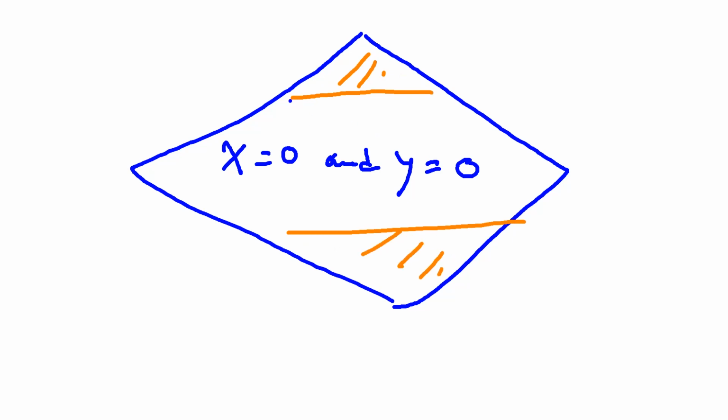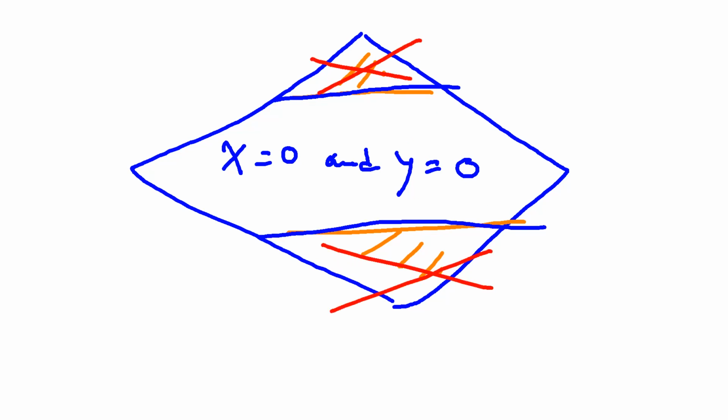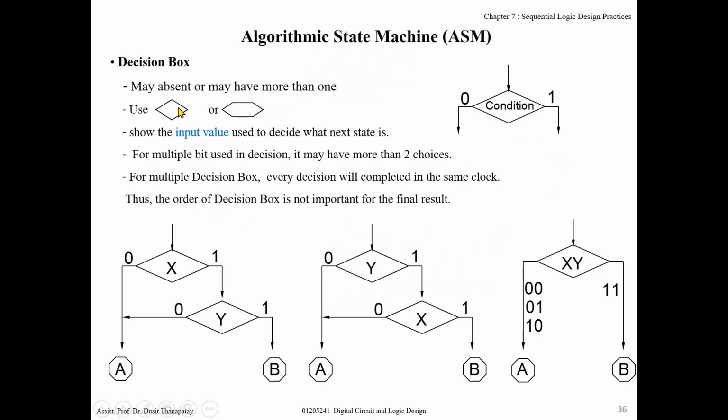So to save space, we cut this area, and it becomes this shape. So you can use this or this shape to express an input condition.